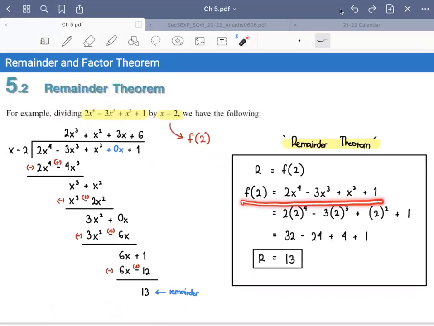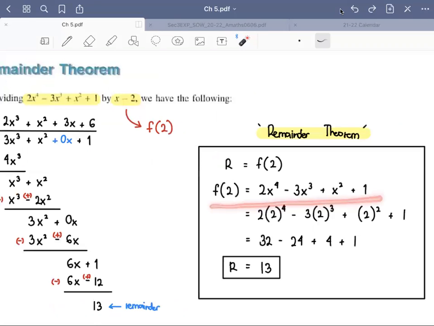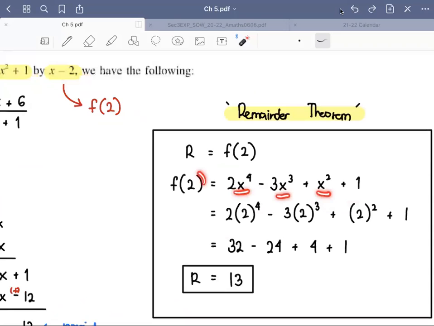And then what's after this? You just substitute x with 2. X here becomes 2, 2, and 2. And then you can just use your calculator with this, and you will get 13 as your remainder.